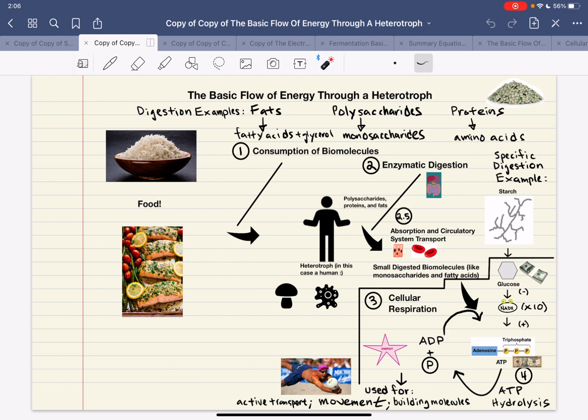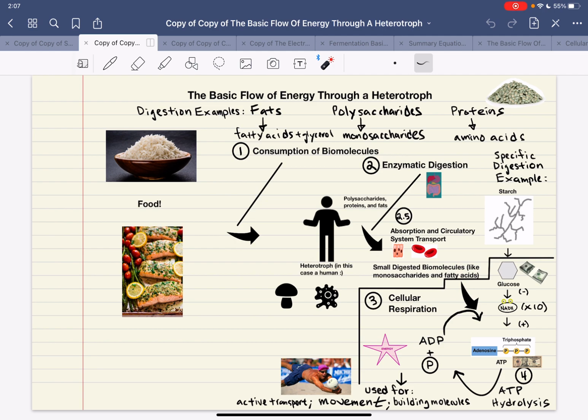And then I added in step 2.5 to say that, well, after you enzymatically digest your food, you subsequently have to absorb those molecules like glucose into your intestinal cells and into your red blood cells so that they can be transported to all the different cells throughout your body. That's why I have a picture of a red blood cell and an intestinal cell on the left.